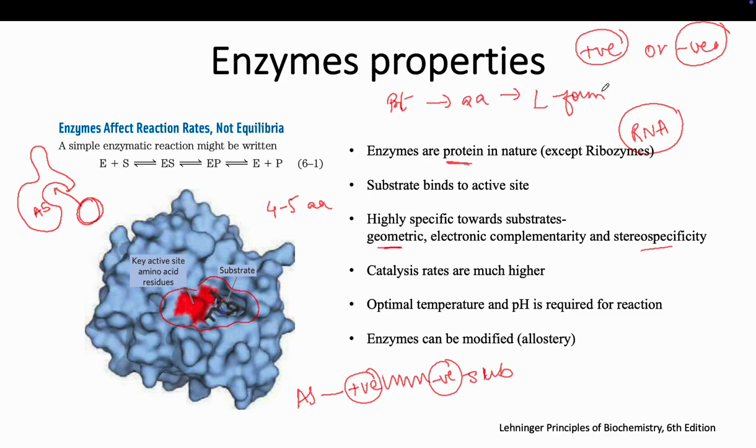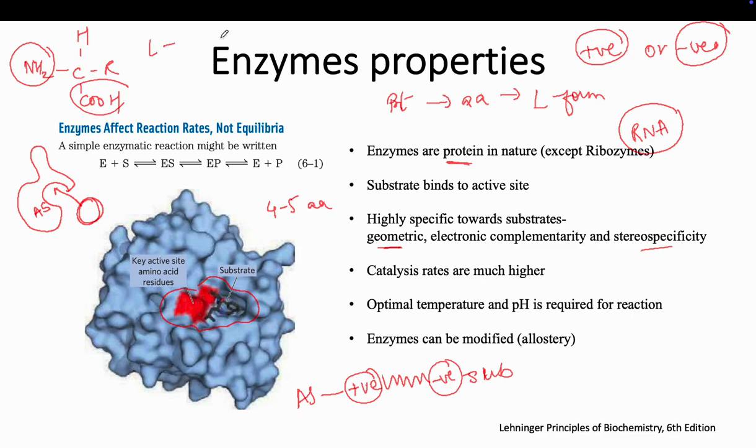So what is the L form of amino acid? We have an amino acid which is chiral: it has an amino group, a hydrogen here, and a carboxyl group. That's why we call it an amino acid. The L form refers to the spatial position of this hydrogen, or how these four different groups are oriented in space.